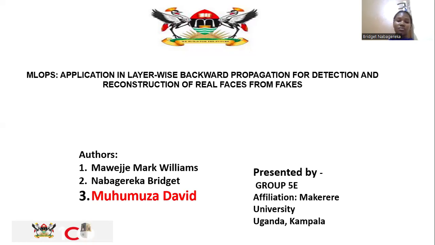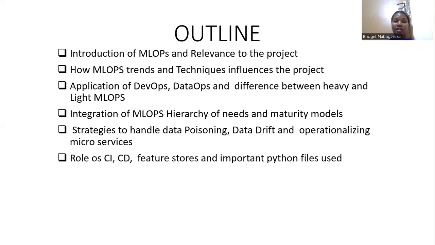This is Navagirika Bridget. Continuing with the introduction of MLOps in our project, which is called application, with its application in a layer-wise backward propagation for detecting and reconstructing real faces from fake faces. So that's the outline.